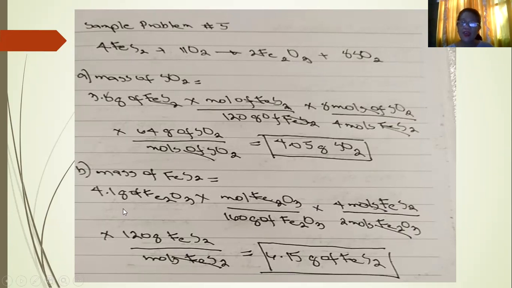Finally, we use now the mathematical side, that is 4.1 times 4 times 120 divided by 160 times 2, you have 6.15 grams of ferrous sulfide. So this is how you're going to calculate, no? That is based on the balanced equation. Okay.